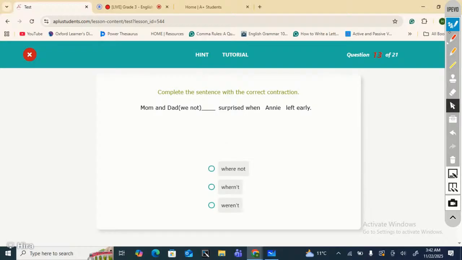Okay. It's a mistake here. Mom and dad were not. It's not we, it's were. Mom and dad were not surprised when Annie left early. Now, what is the contraction of were not?